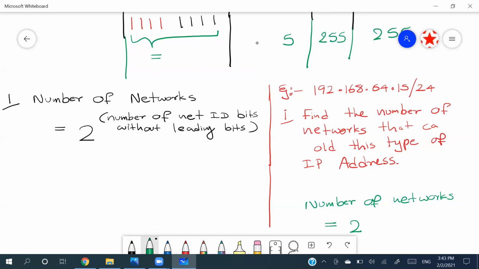So what you are going to do is deduct 3 leading bits from the 24. So it's 24 minus 3, which gives you 2 to the power 21 as the answer, right?